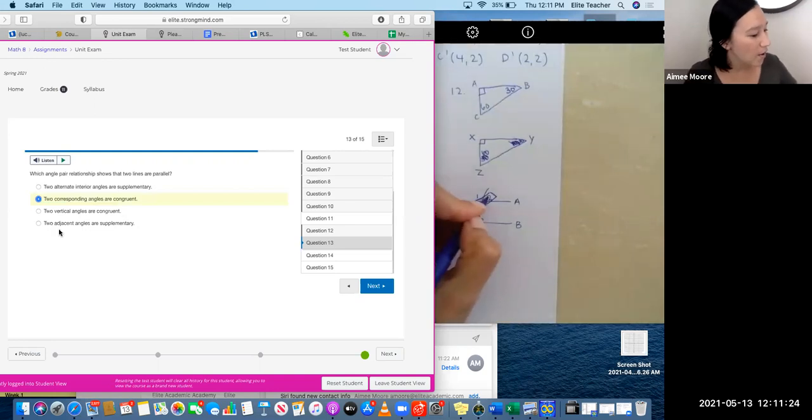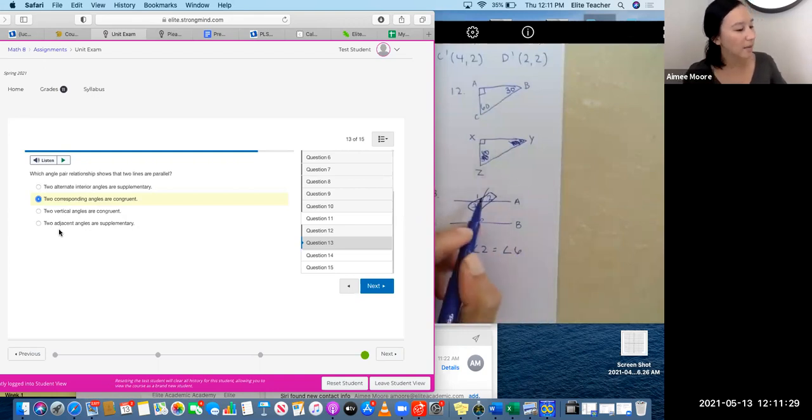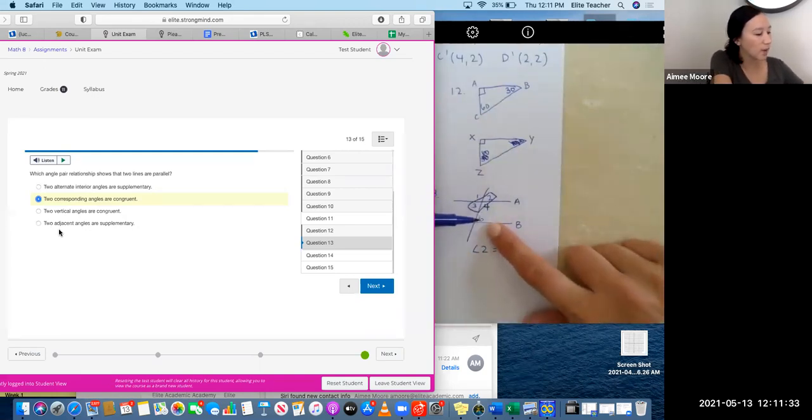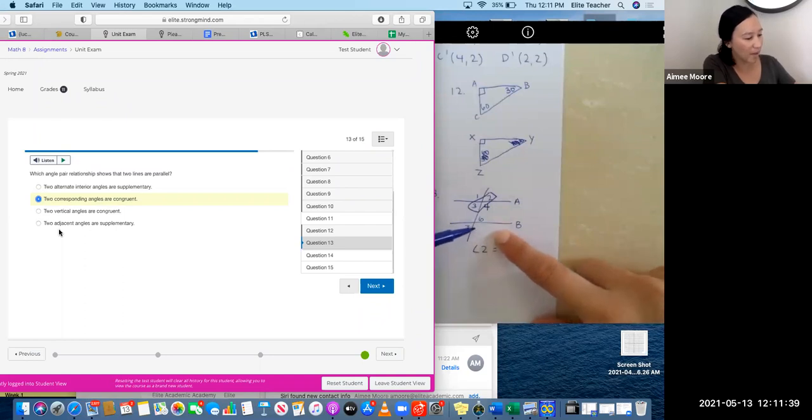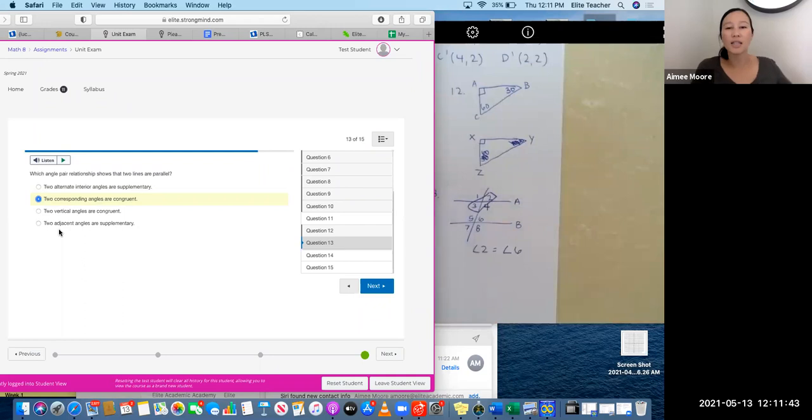If we know that angle 2 is equal to angle 6, that means all the rest of these angles are congruent. Because once you have that angle, then the vertical angle is equal to this angle. And then these would be supplementary, which means this one would be equal to this one. And so that proves that those 2 lines are parallel.